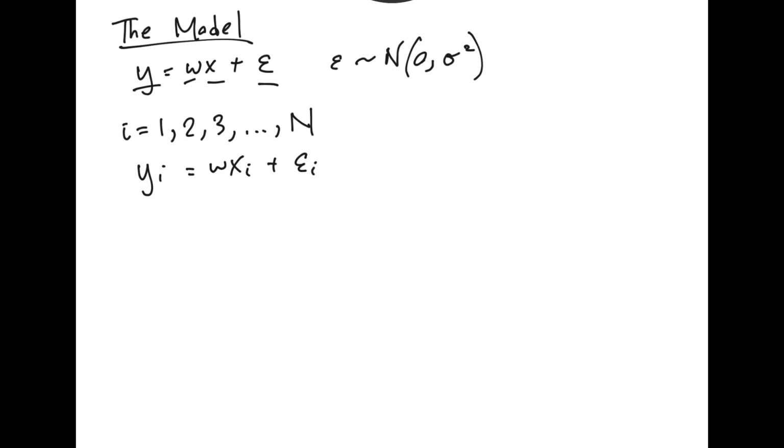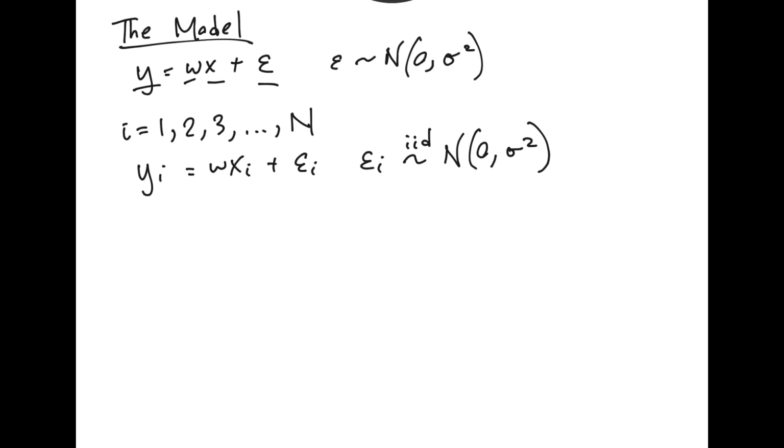And epsilon sub i is sampled from the normal distribution IID, which means independent and identically distributed, with the same distribution as above. Independent means statistically independent, and identically distributed means they all come from this same distribution.